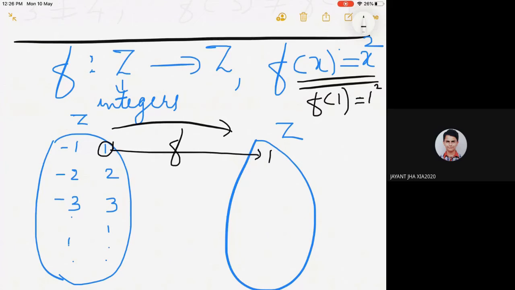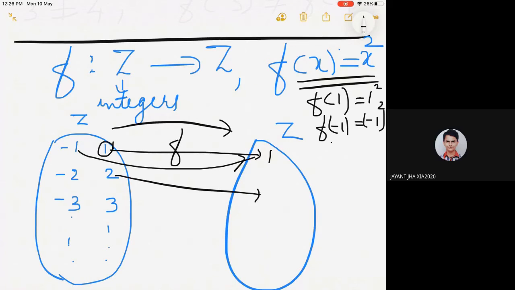What about the image of minus 1? It is minus 1 square, so the image of minus 1 is also 1. Similarly, f of 2 is 2 square, equal to 4, and the image of minus 2 is also 4.